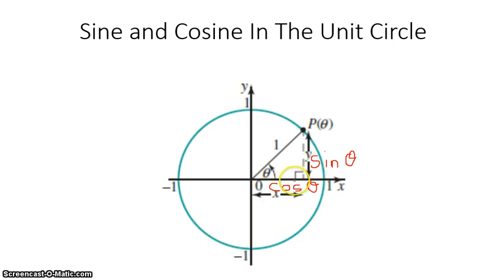And the side which is adjacent to this angle is also equal to cos of the angle. This means the tangent of this angle here will be equal to the opposite side divided by the adjacent side. And this means that tan of this angle will equal sine of the angle divided by cosine of the angle.